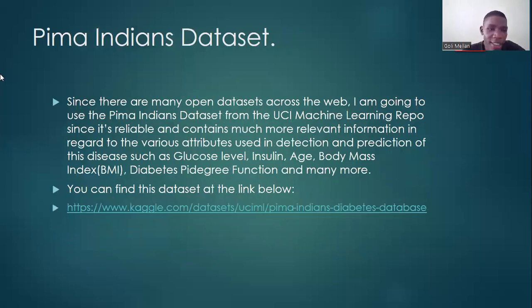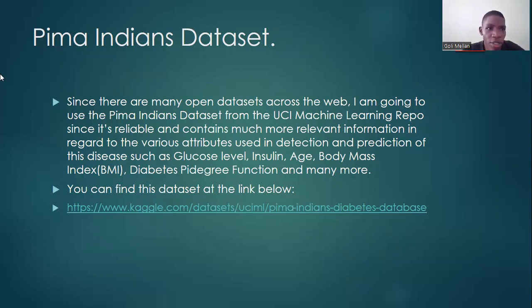The type of data set we're going to use in this project, and this same data set is what we are going to use to train and test our model, is called the PIMA Indians data set.